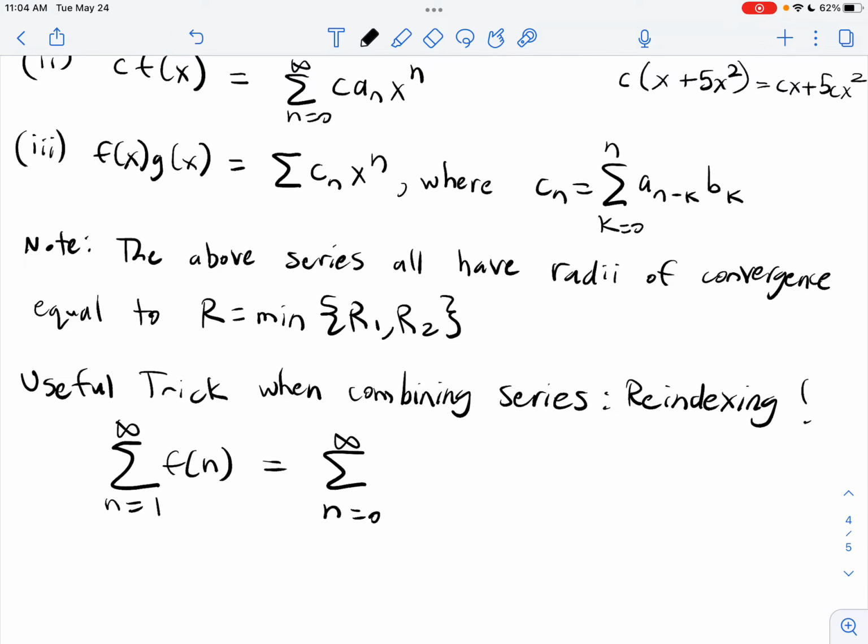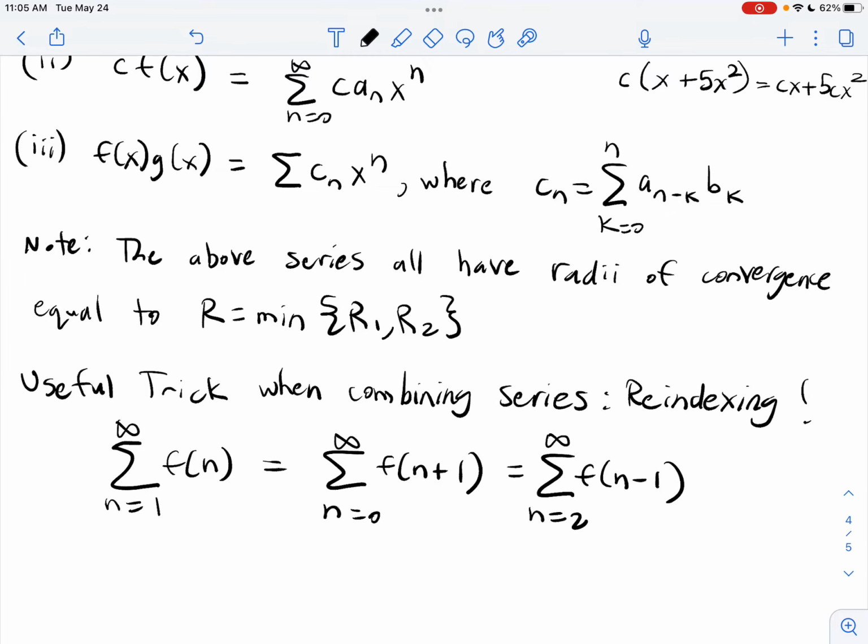But if you shift it down, then you have to add 1 to n. Or if you shift it up from the original, then you have to subtract 1 from n.